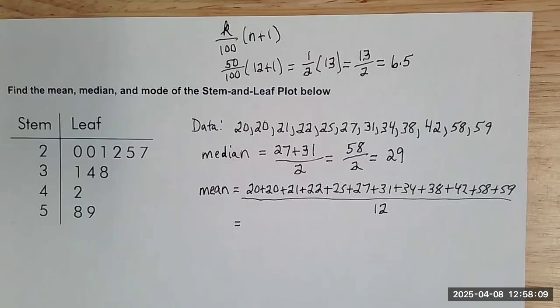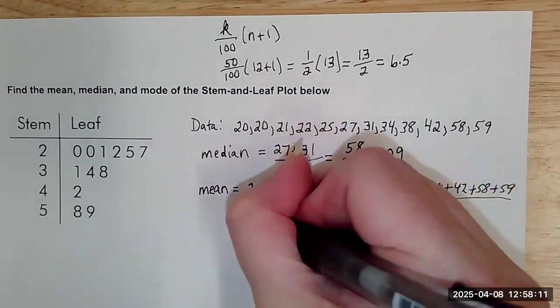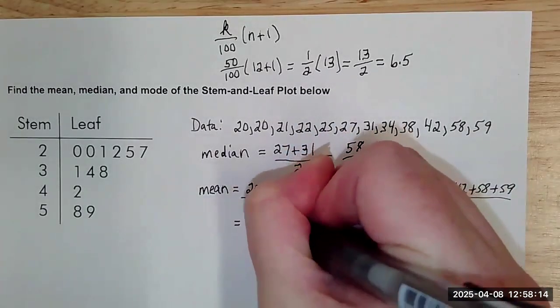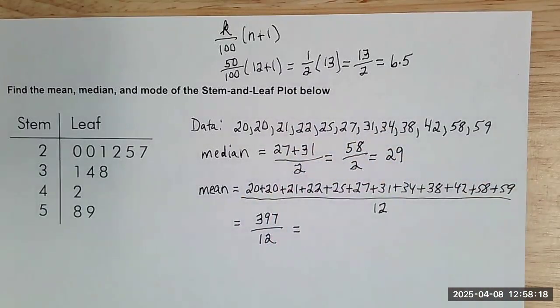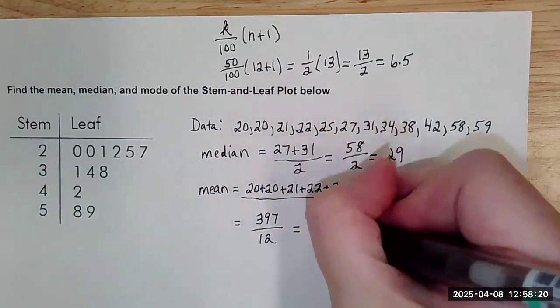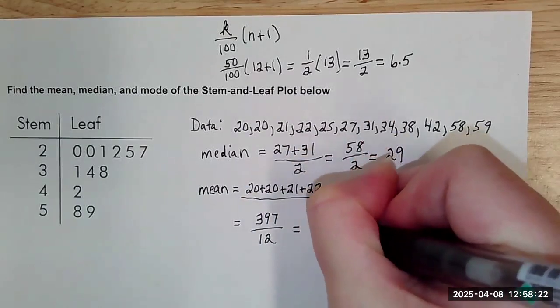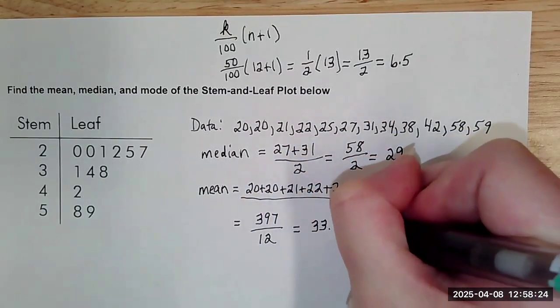Assuming I didn't accidentally mess anything up, that was 397 in the top divided by 12, which is 33.08.